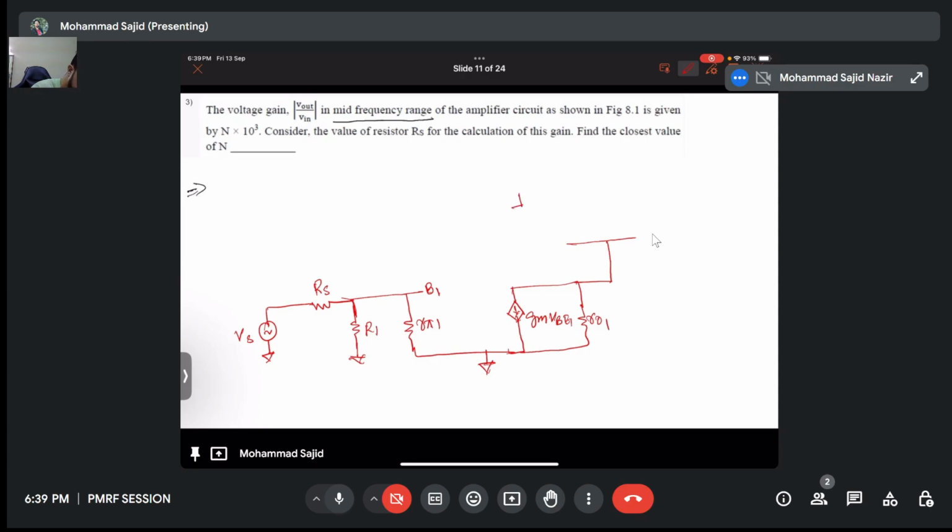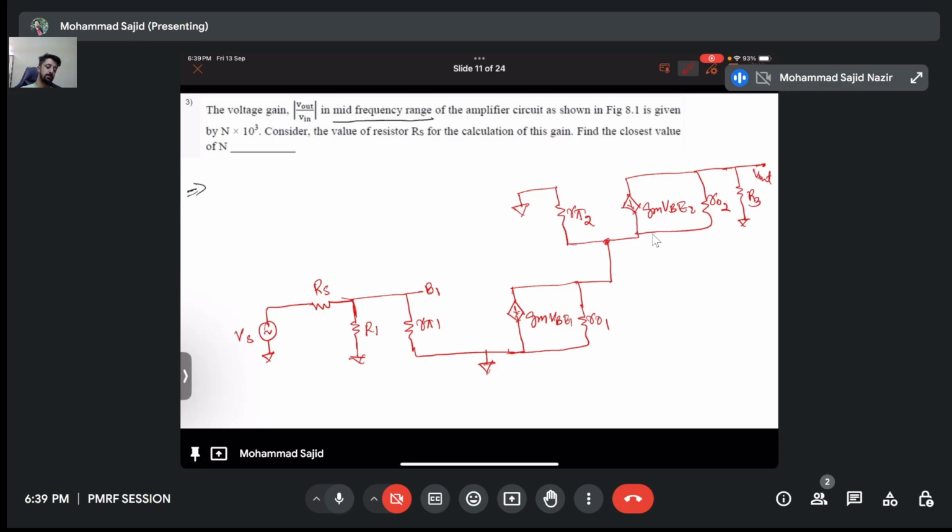No need to draw R2 parallel R4 because it's anyway AC grounded from both sides. But we need to draw Gm.